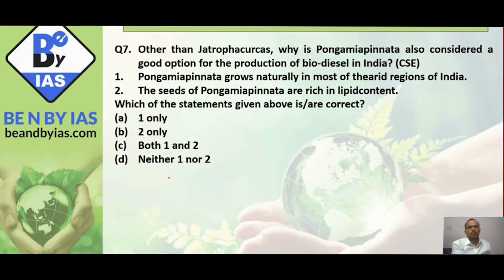Next question is about Jatropha curcas. So it is generally known as Jatropha only. So let us read this question.